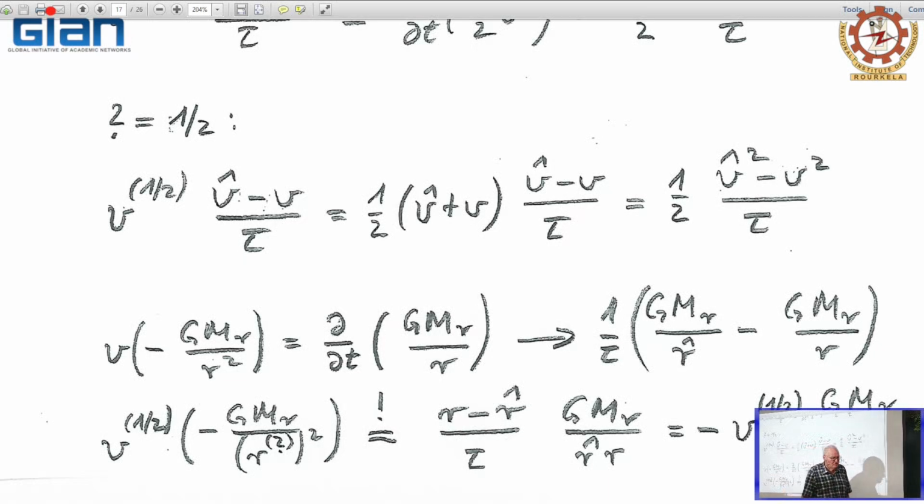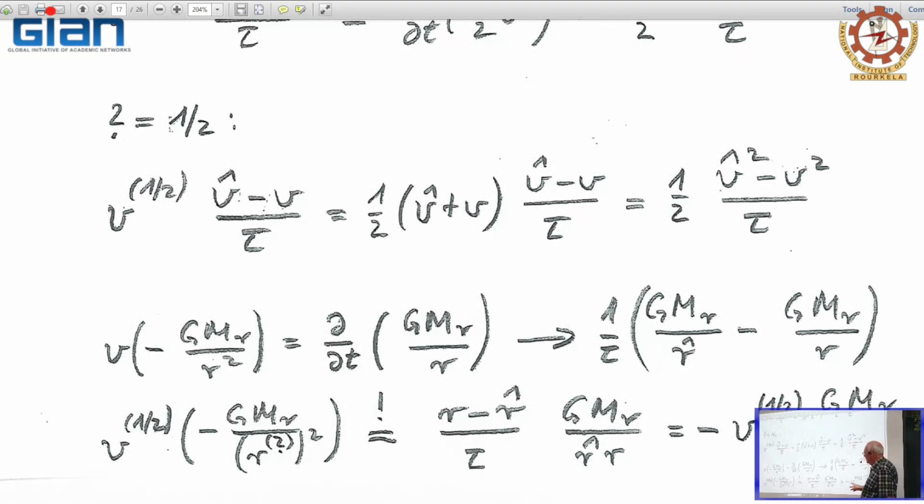So in differential form, we write this as d by dt of GM over r. Now, the discretization of the right-hand side, by the definition of the time derivative, is 1 over tau times GM over r hat at the new time step minus GM over r.